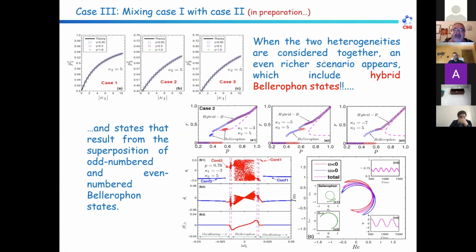So you have this case, and then you have a very, very rich situation where Bellerophon states can occur, and also hybrid states, which are the superposition of odd Bellerophon states and even Bellerophon states, occur with very, very strange and always periodic, but not very nice like it was before, much more complicated structure of oscillations in the complex plane, referring to these hybrid Bellerophon states.